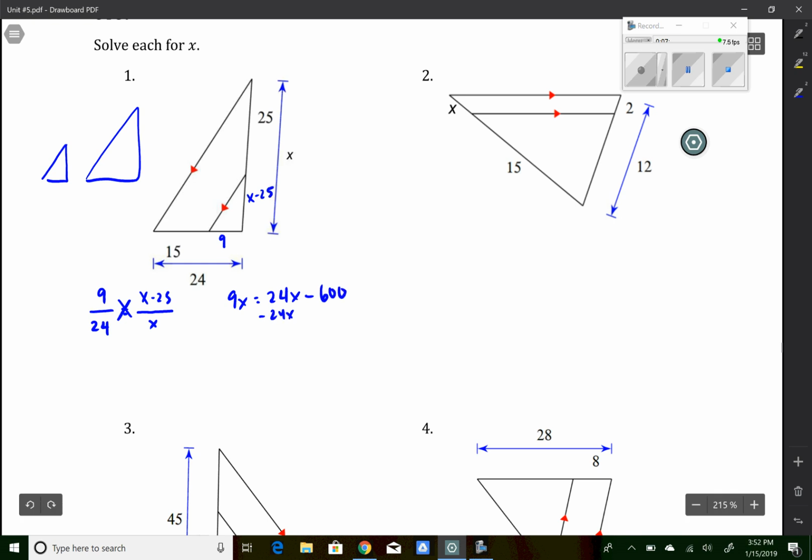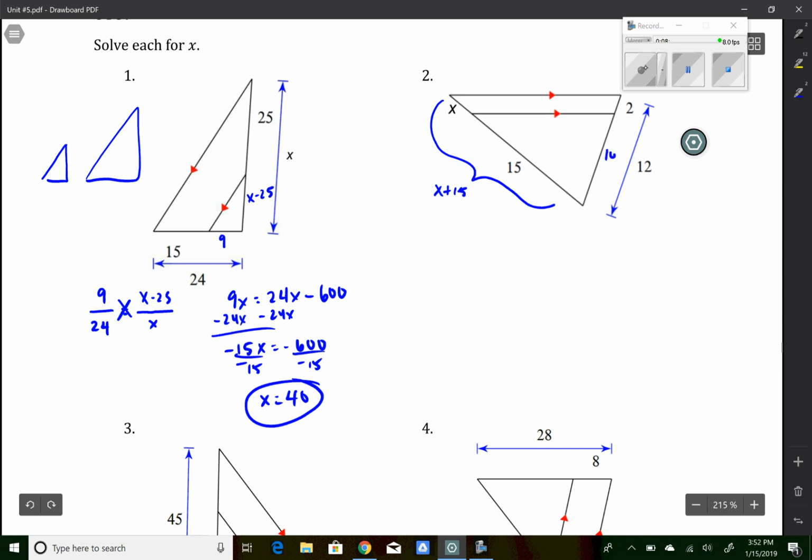Subtract the 24x to the other side, and I get negative 15x is equal to negative 600. If you then divide negative 600 by 15, I get an x value of 40. So there's your answer.